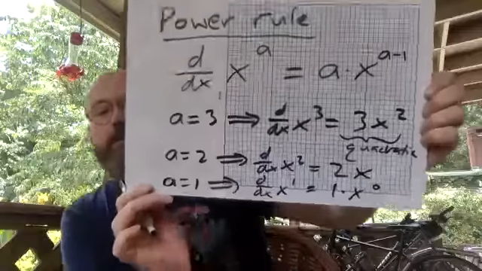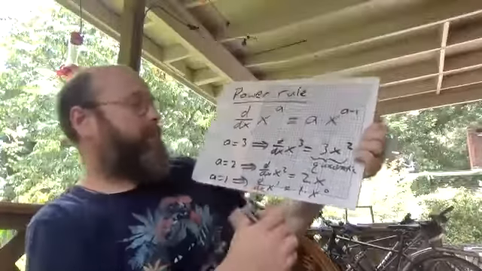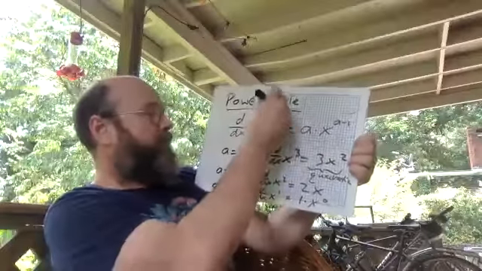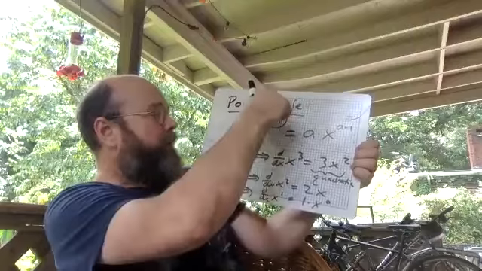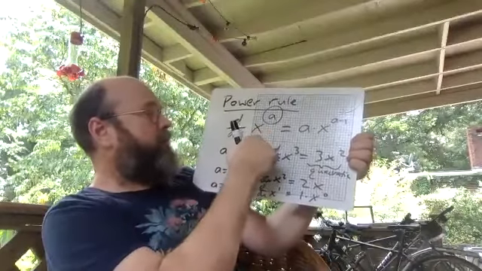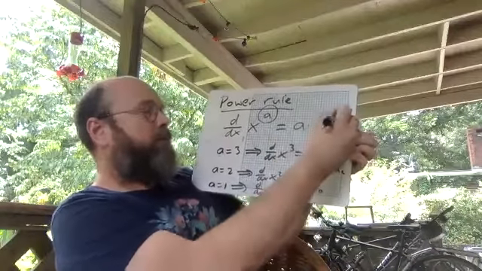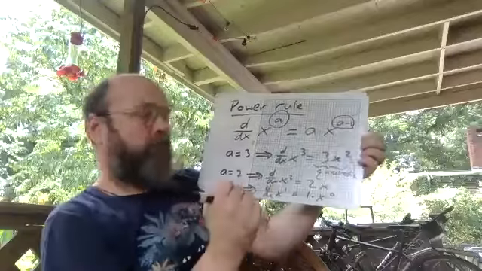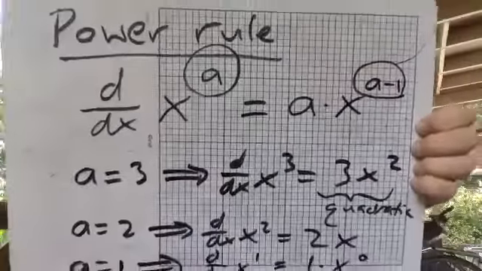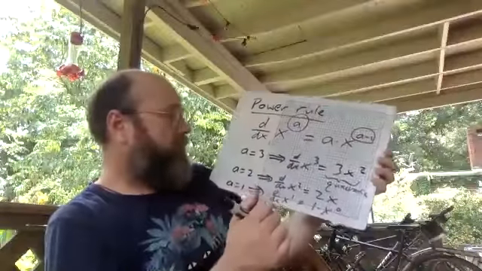What I'm trying to point out here is this. Notice the pattern here. You take a derivative, and you get back something that looks similar. It's another power function, but it's dropped down by 1 power, by one in the exponent. Cool? It's a nice pattern.